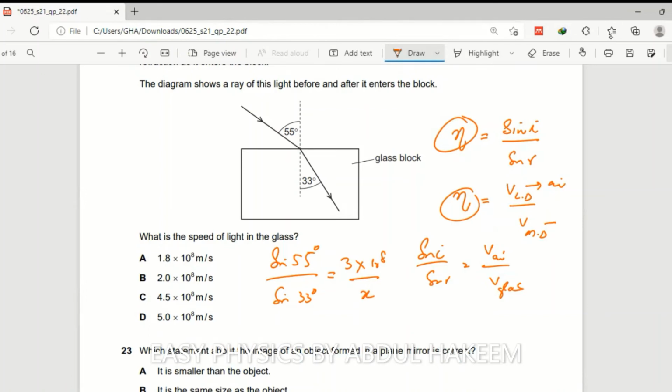So after calculation, x is equal to 3 × 10⁸ multiplied by sine 33 degrees divided by sine 55 degrees. So the answer is coming 2 × 10⁸. Yes, so B is the answer.